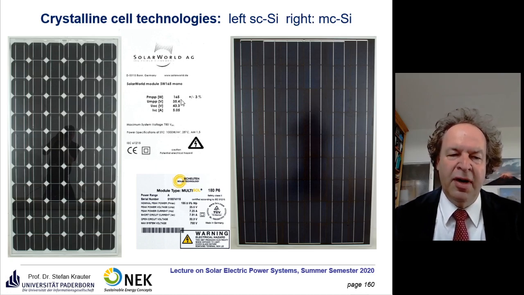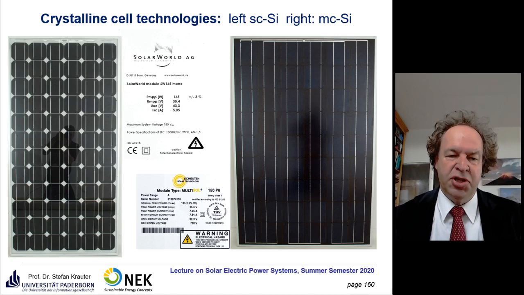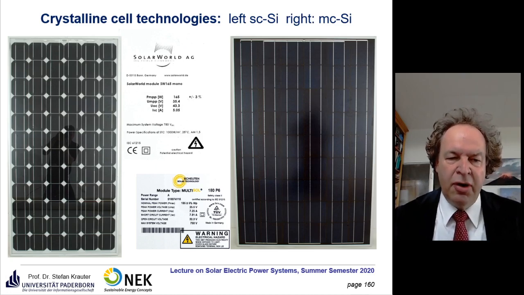So if you have, for example, nowadays a 400 watt module, you are quite sure that it has at least 400 watts under the standard test conditions. We have here also the voltage under maximum power point conditions, and at the maximum power point it is 35.4 volts.